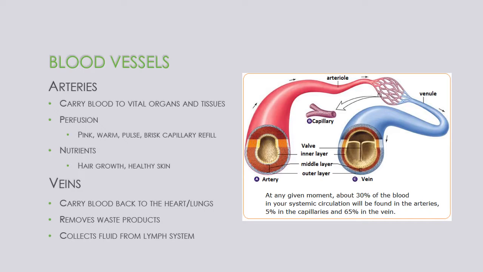Normal perfused skin is pink or pink toned, warm toned if it's darker pigmented, warm to the touch, pulses are present, there's brisk cap refill. Nutrients are also delivered as part of that perfusion, so it's not just oxygen, but also glucose and proteins and everything else. Without adequate perfusion, we wouldn't have good hair growth and healthy looking skin.